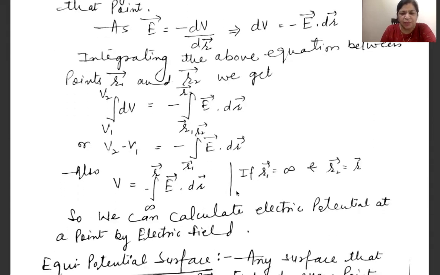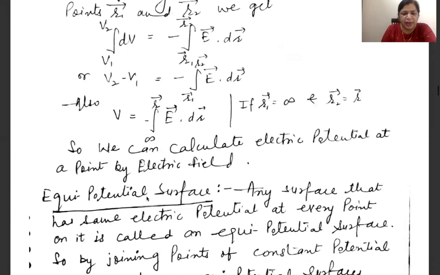So if R1 is infinity and R2 is equal to R, we can change the limits accordingly. By using this equation, we can calculate the electric potential at a point due to an electric field.